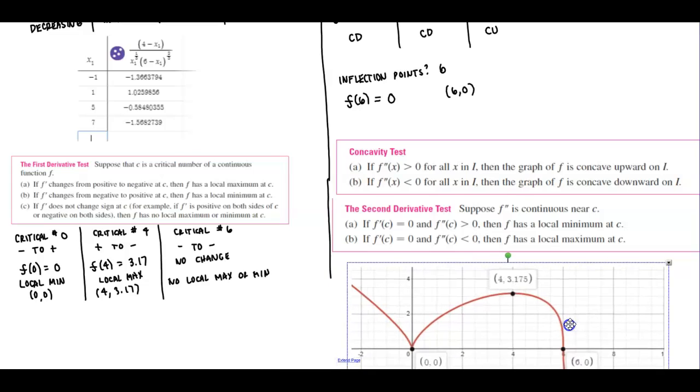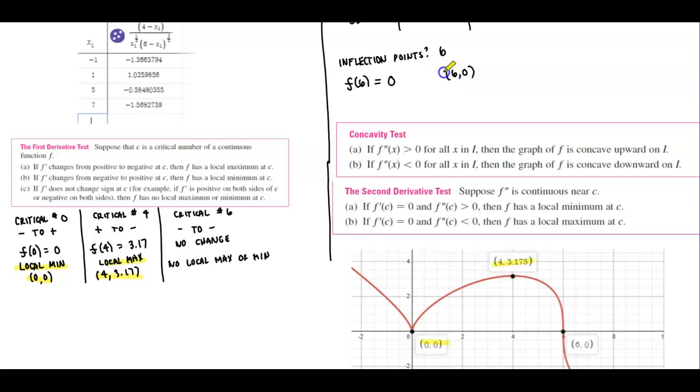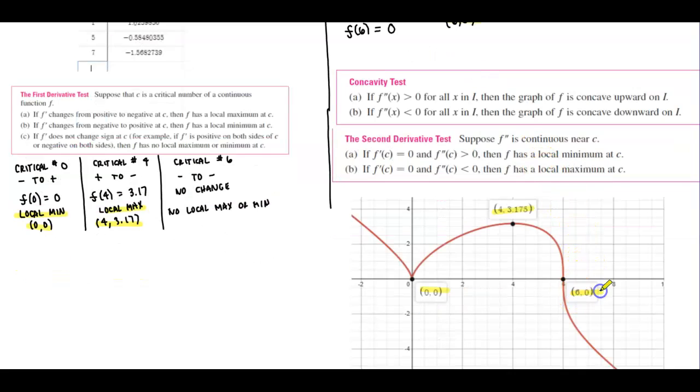Okay, so again, there is our local max. Let me highlight that here. We have our local max at (4, 3.175). We have our local minimum at (0, 0). And then we can also see that we have our inflection point at (6, 0).